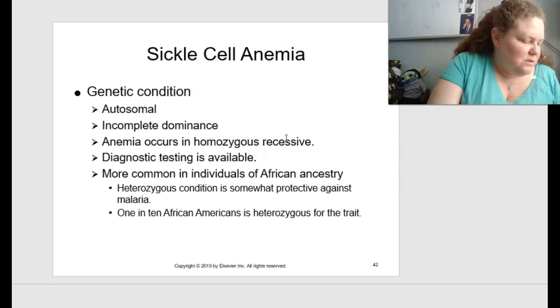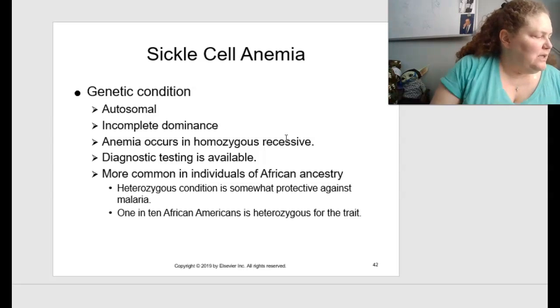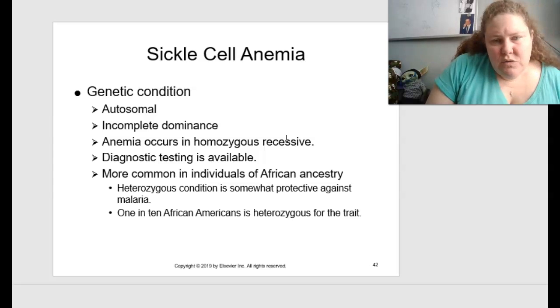So moving on to sickle cell anemia. This is on page 200. So it is an autosomal disease. It expresses incomplete dominance. Anemia occurs in homozygous recessive fashion, and diagnostic testing is available to figure out if you have sickle cell anemia.